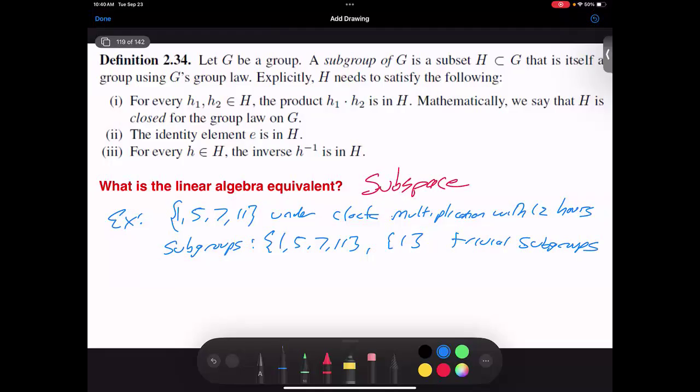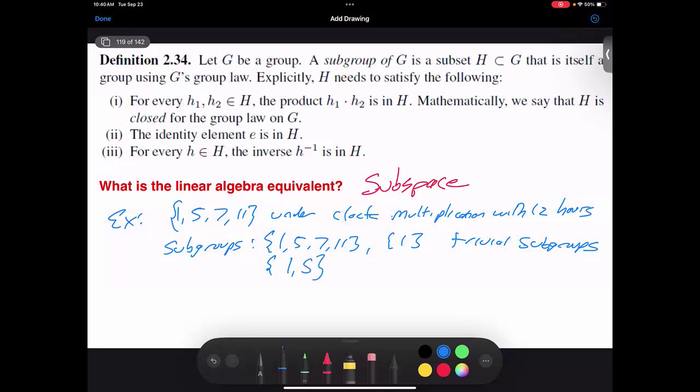Can you give me another subgroup? So you know one element that has to be in it. What element has to be in it? 1. So give me another element to put in with 1. 1, 5. And so it turns out 1, 5 is a subgroup.